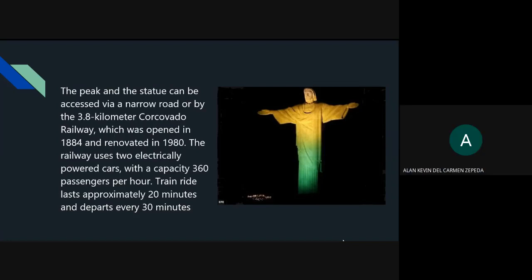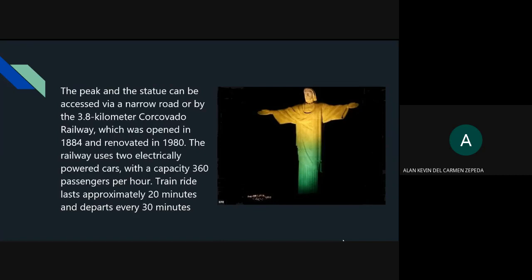And access via a narrow road of 3.8 kilometers, the Corcovado Railway, which was opened in 1884 and renovated in 1980.